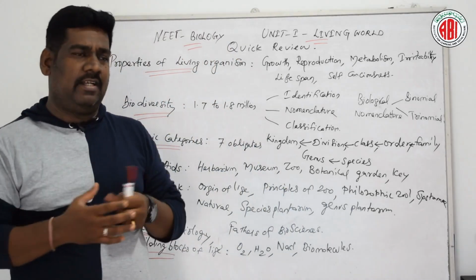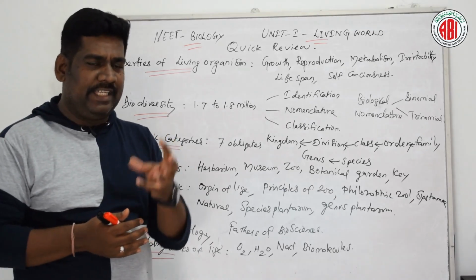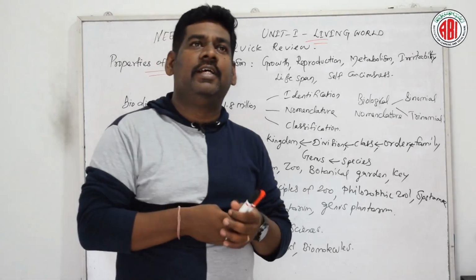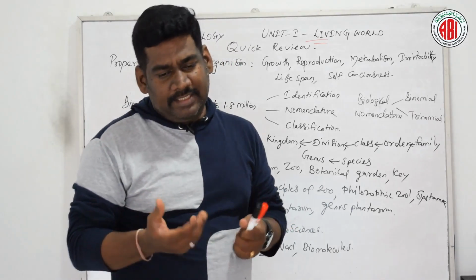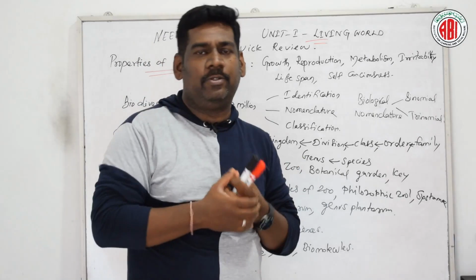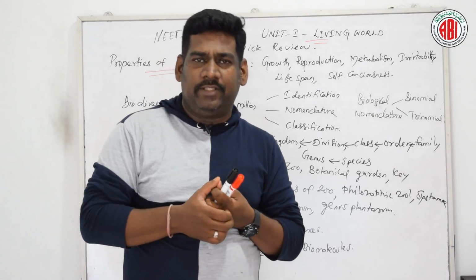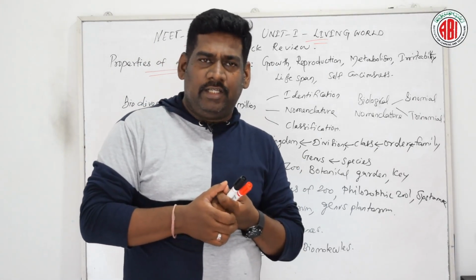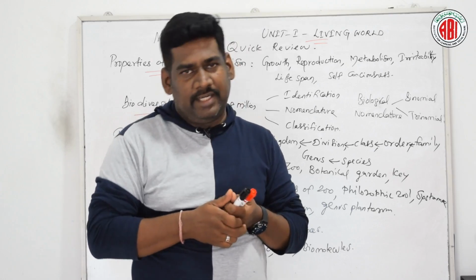These are a few more properties we can see in the living organism. Based on the maintenance of body temperature, organisms can be divided into two categories: homeothermic and poikilothermic, warm-blooded animals and cold-blooded animals.